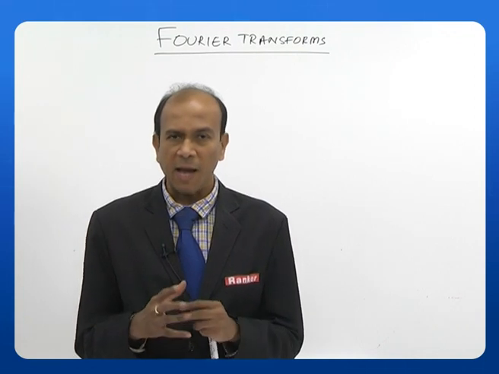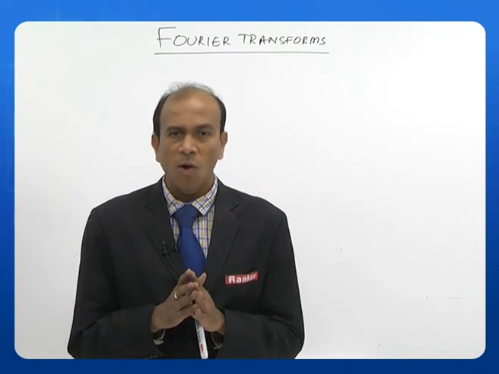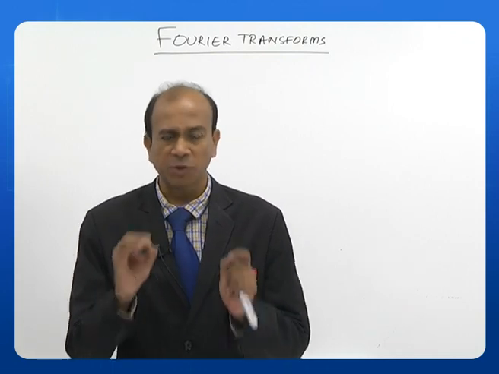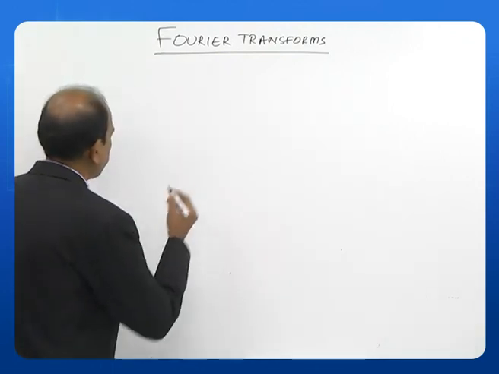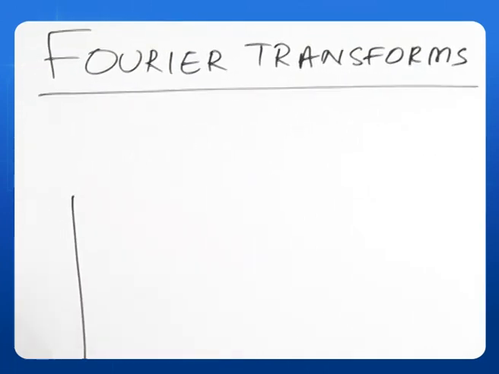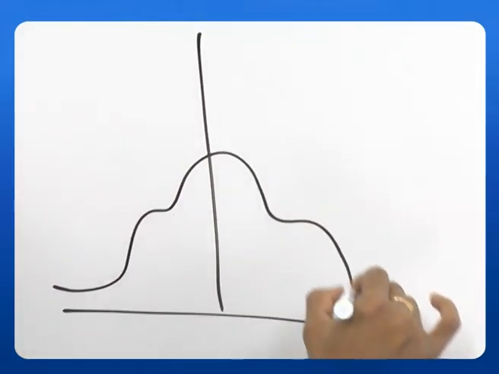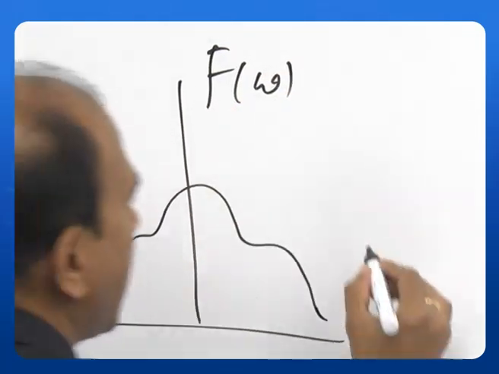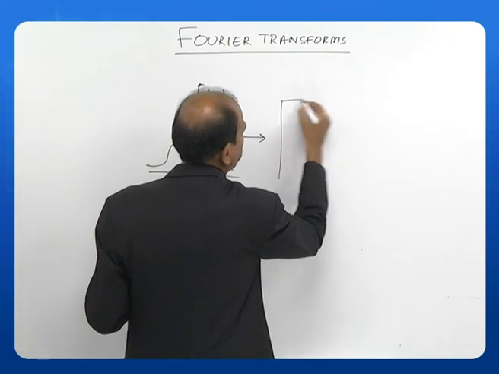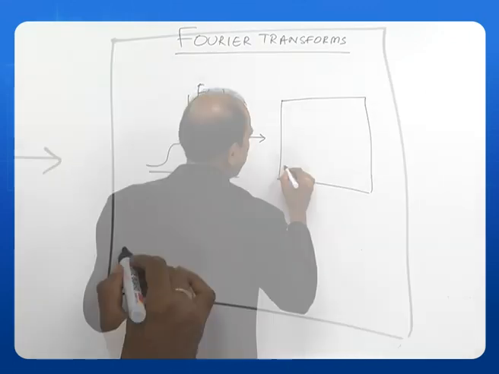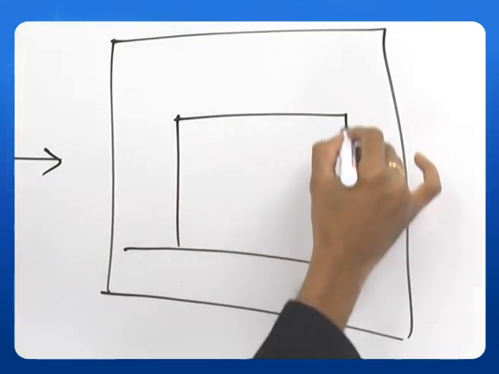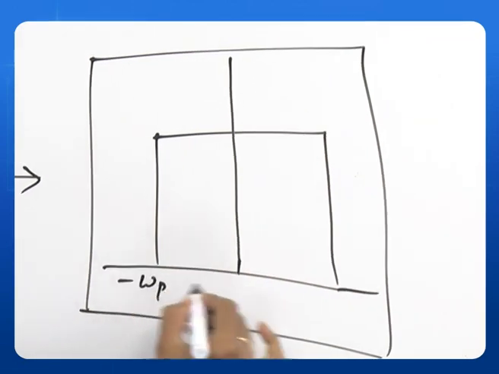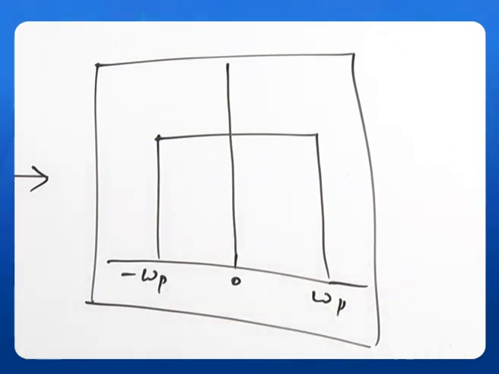That means I am selecting only certain frequencies, whose band of frequencies exists from minus omega p to plus omega p. Let us see this. As shown there, I will try to replicate the same. Let us say you have a function like this. Let us say this is f of omega. This is passed through a system. Here the system response is like this. It exists from minus omega p to plus omega p.